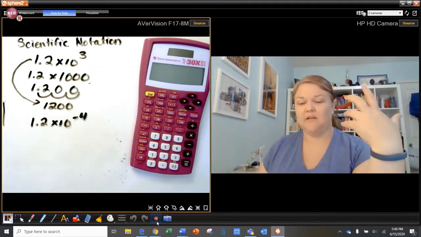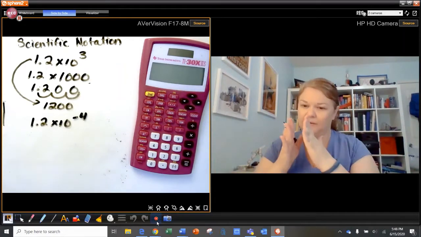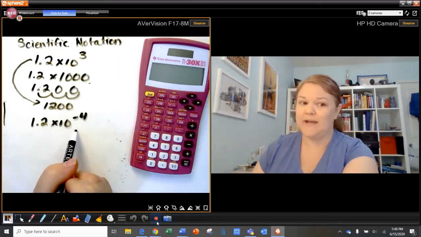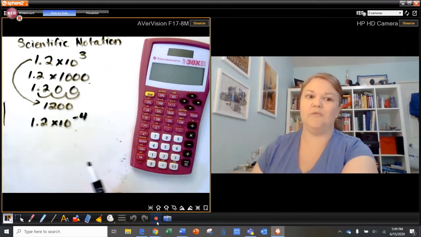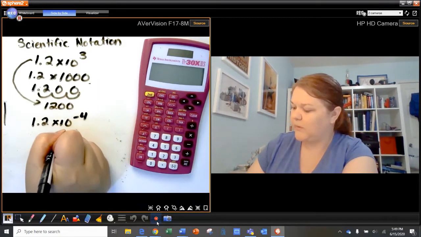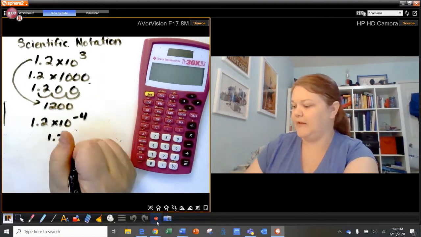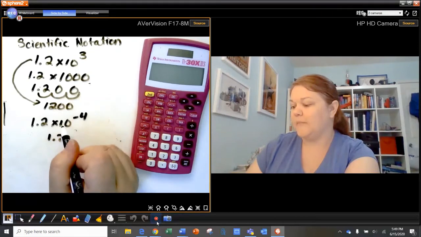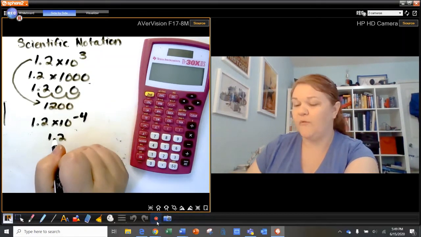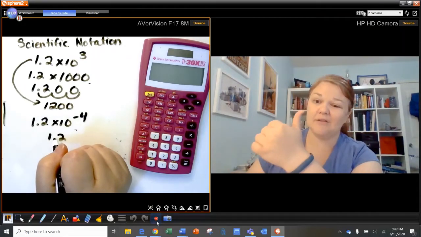So we keep dividing, and that makes our number smaller, right? So instead of moving our decimal to the right to make it a big number, we're going to move it to the left. So if we had 1.2 and wanted to multiply this out to the negative 4th power, we're going to move it 4 times to the left.